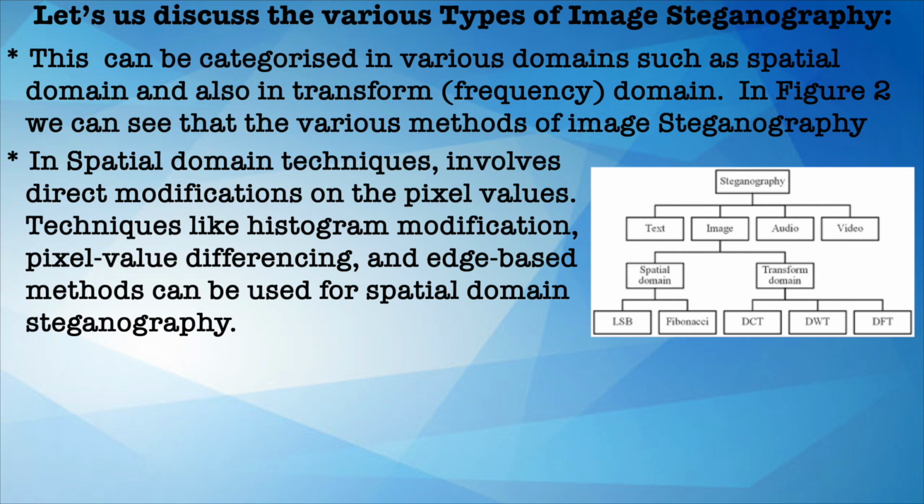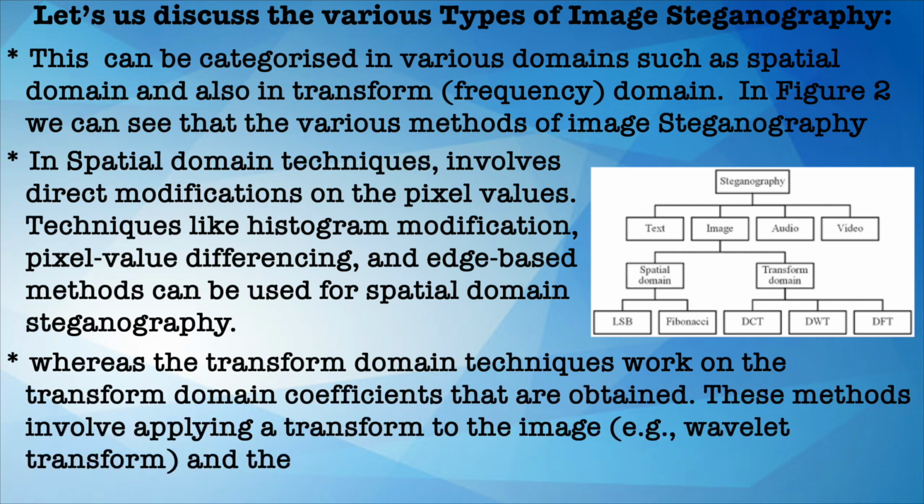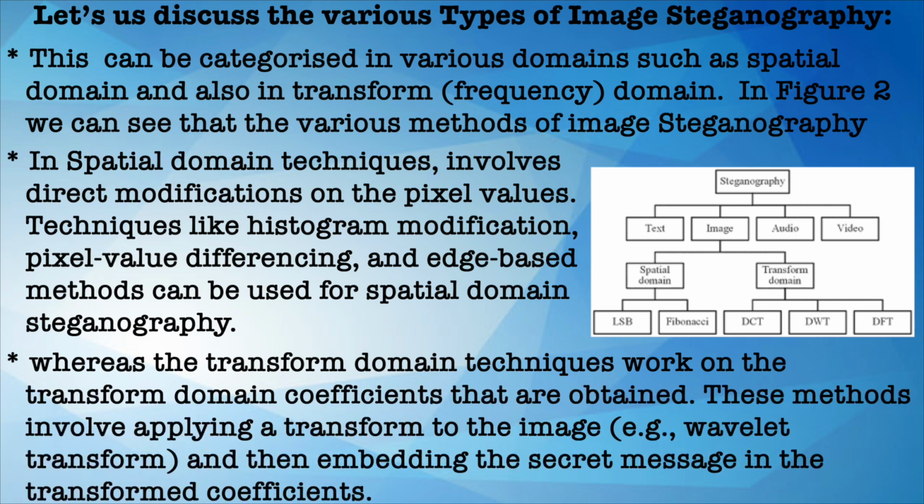Techniques like histogram modification, pixel value differencing, and edge-based methods can be used for spatial domain steganography, whereas transform domain techniques work on the transform domain coefficients that are obtained. These methods involve applying a transform to the image, for example a wavelet transform, and then embedding the secret message in the transformed coefficients.